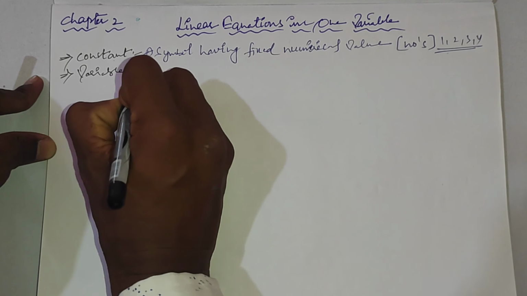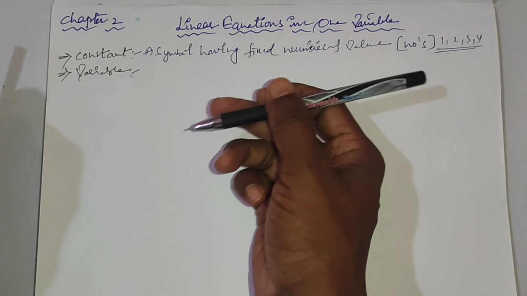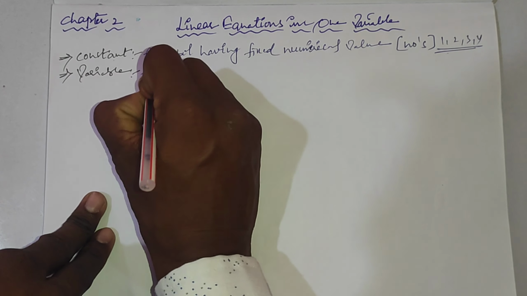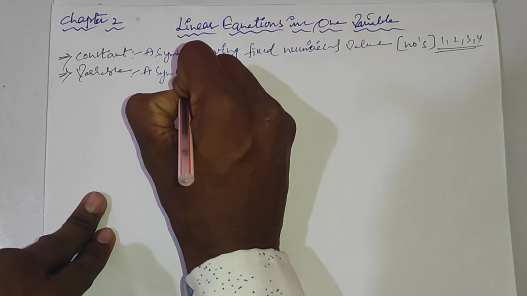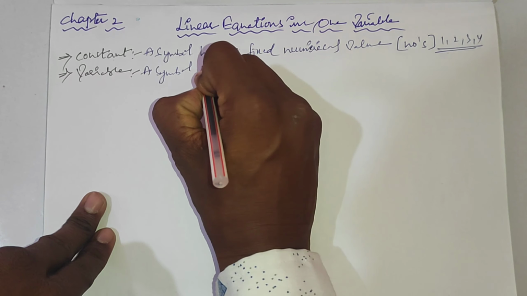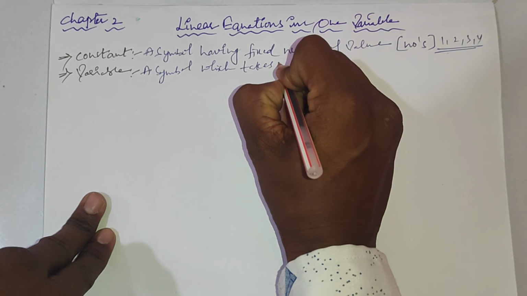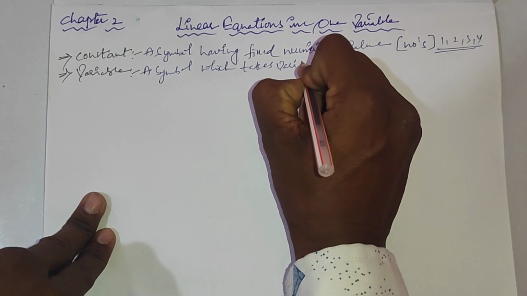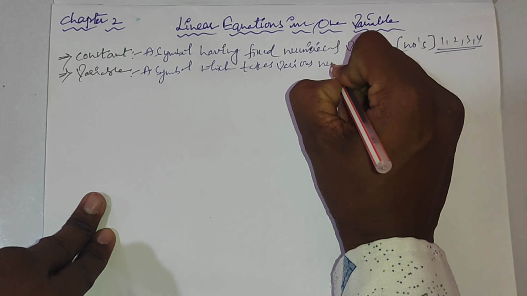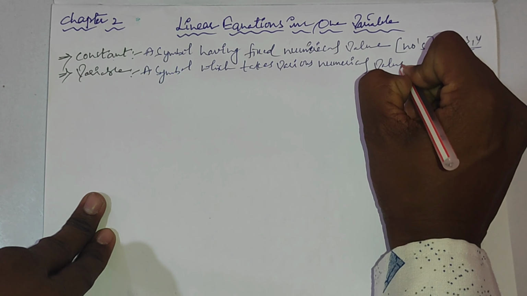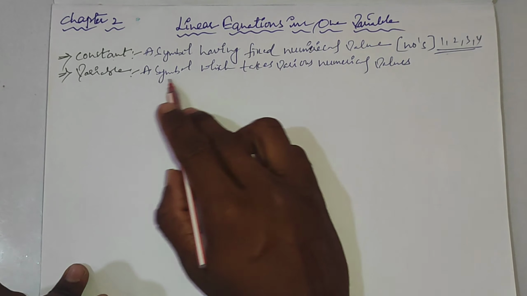With respect to constants and variables, we'll discuss linear equations. What do you say about a variable? It is nothing but a symbol which takes various numerical values, and is called a variable.